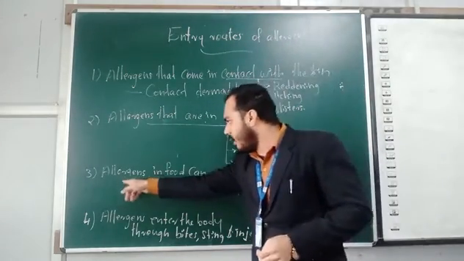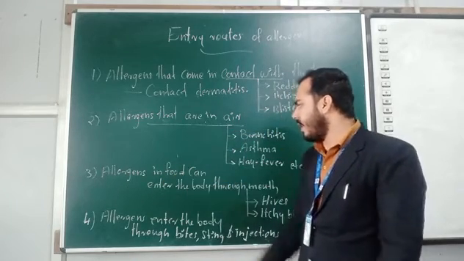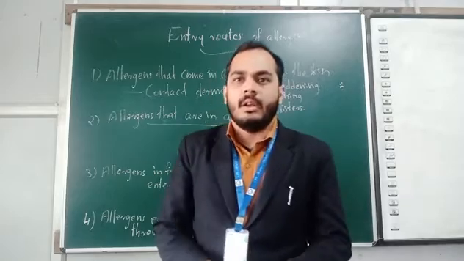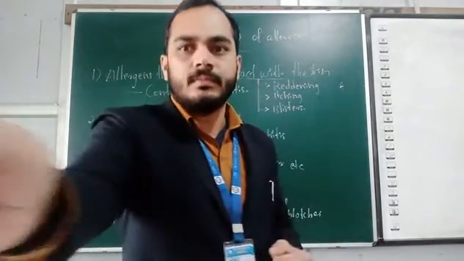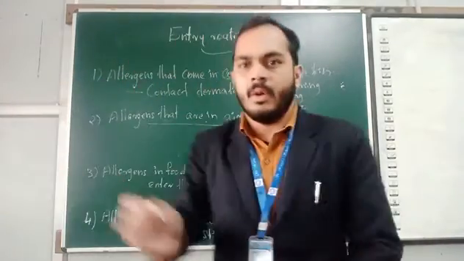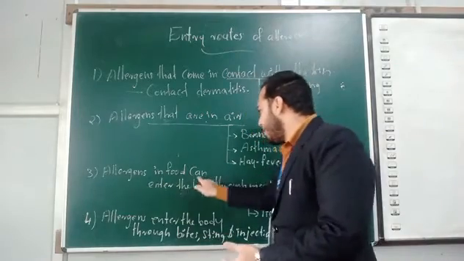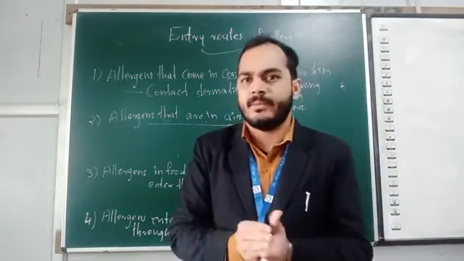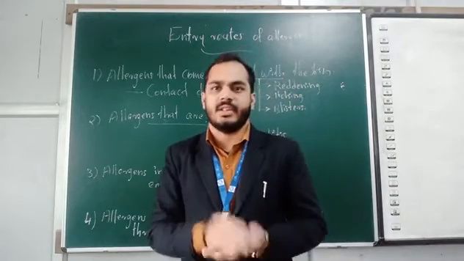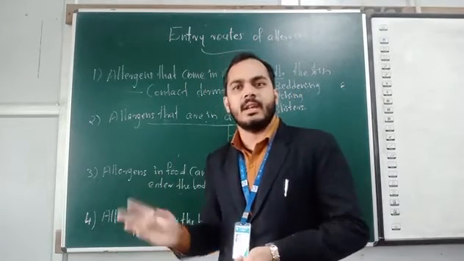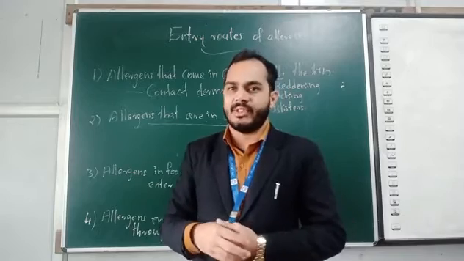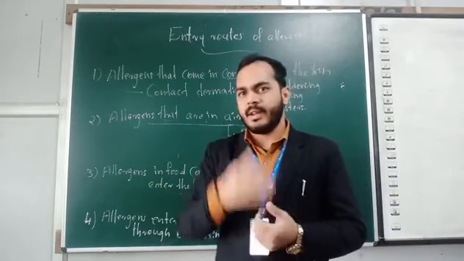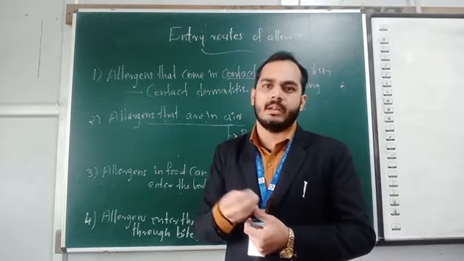And the third one, allergens in food can enter the body through the mouth. I have already told you. Some food items also cause allergic reactions. So this is the third entry route of allergens. I have already explained to you the milk and the egg, pumpkin.